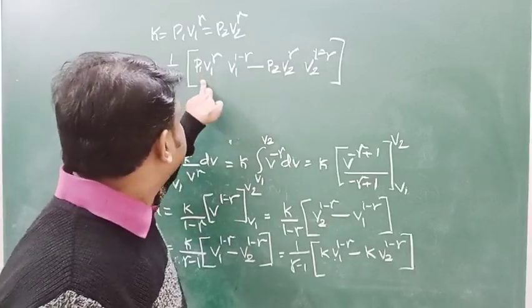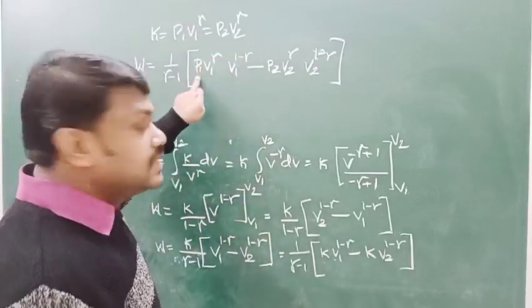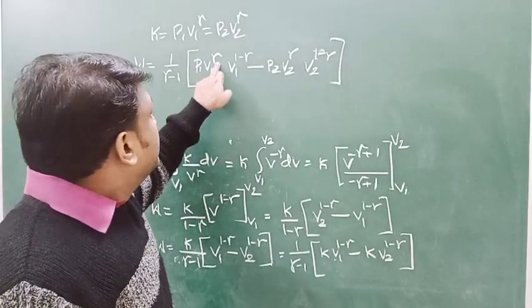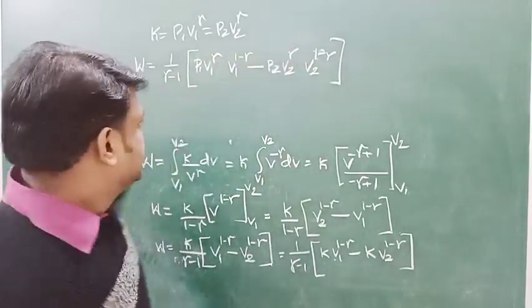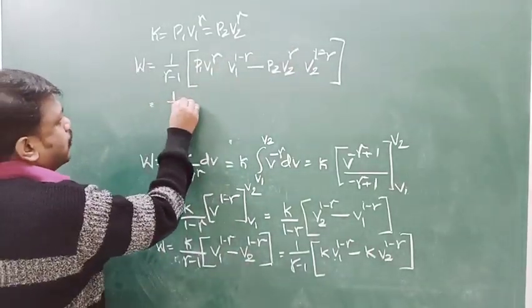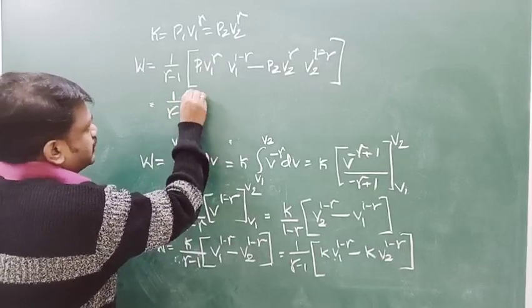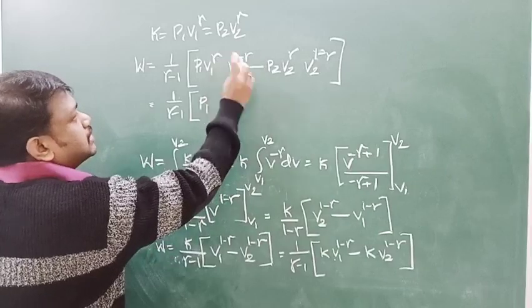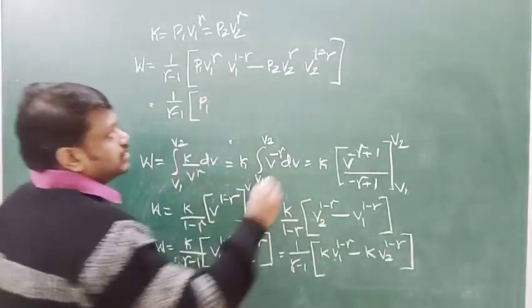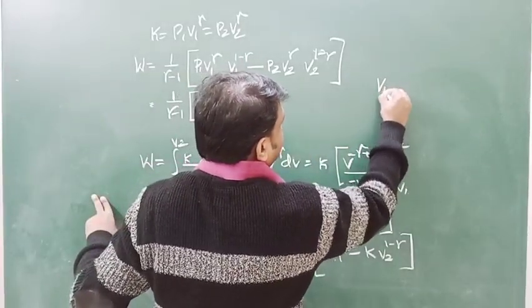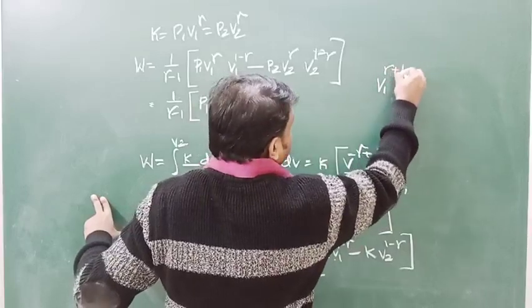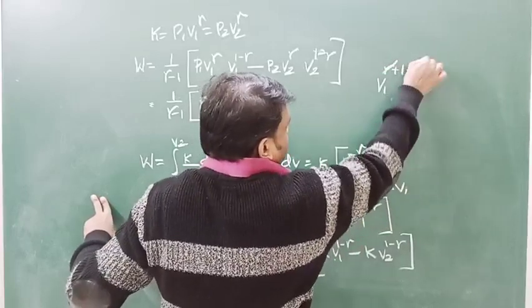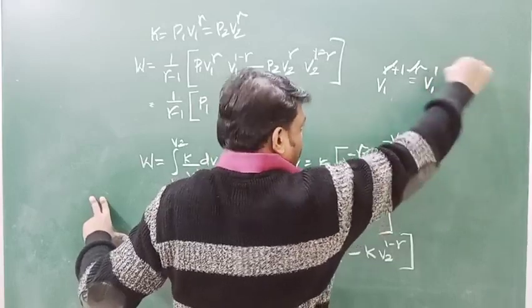K you can replace by P1 V1 power gamma here and P2 V2 power gamma here. So this equation becomes 1 by gamma minus 1 into P1 V1 power gamma into V1 power 1 minus gamma. So V1 power gamma plus 1 minus gamma will become simply V1 power 1.